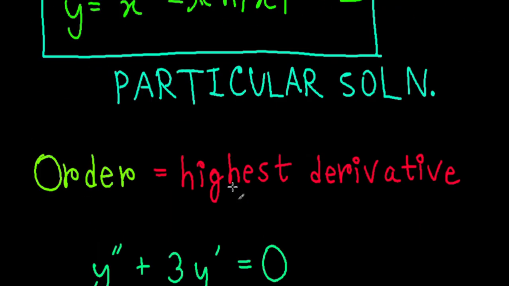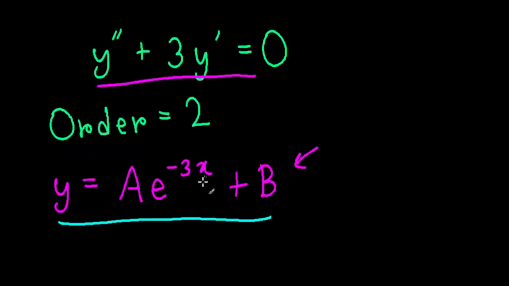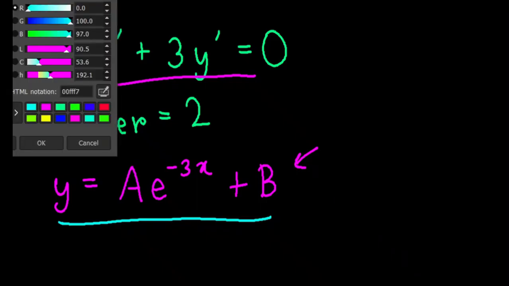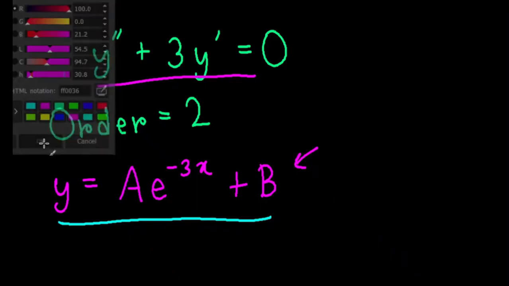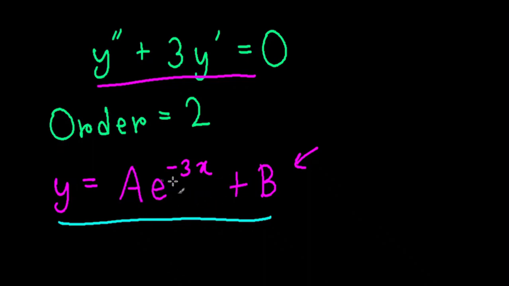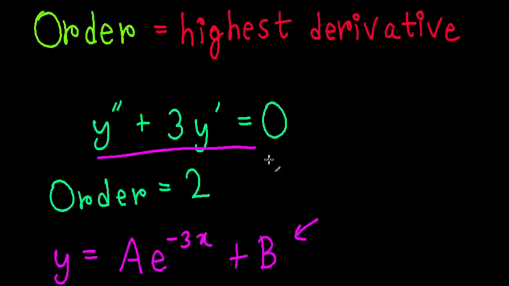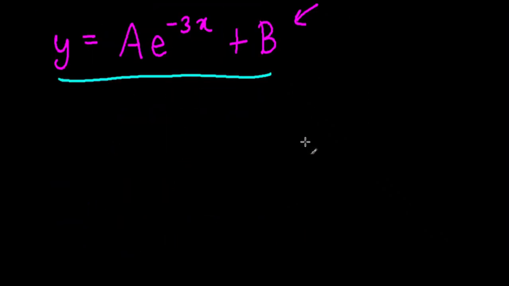Same thing here. All that we need to do is find the relevant derivatives that appear in this equation, plug them in, and check that the left hand side is equal to the right hand side. So let's do that. We have y equals a e to the power minus 3x plus b. This equation has the first derivative and the second derivative, so let's find them first.